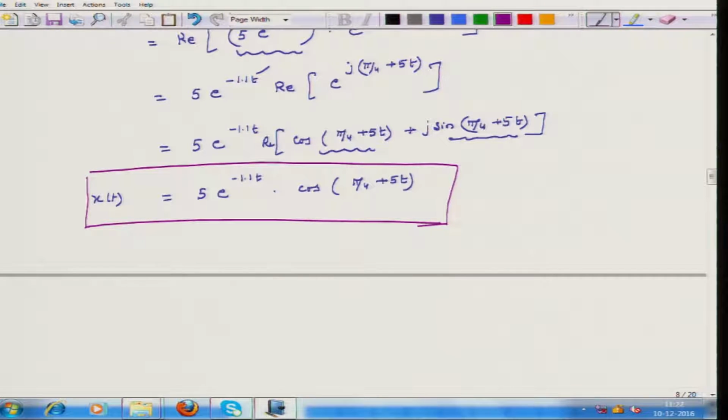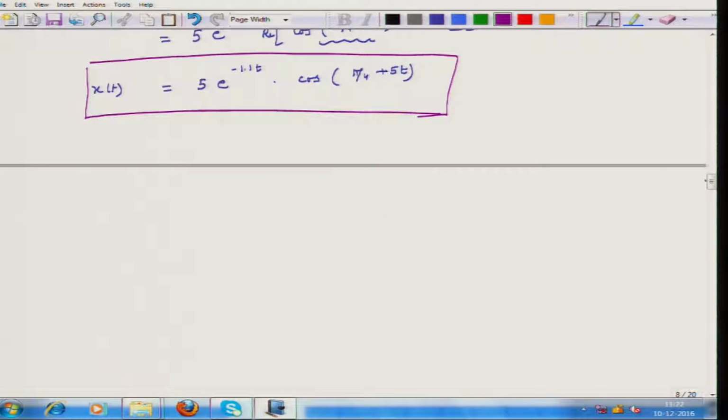Now, let us try to understand the physical significance of each of these terms. What are the different terms?